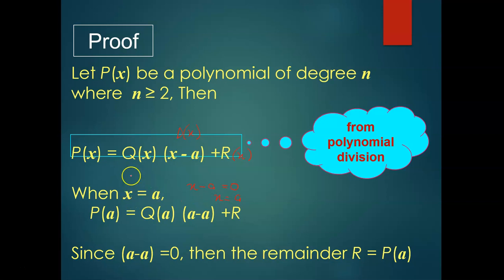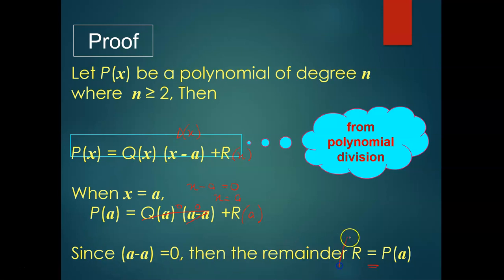When you substitute x equals a, it becomes (a minus a) q(a) plus r(a). This will become 0, so 0 multiplied with q(a), everything will be 0, and you are left with only r equals p(a). So this is the conclusion. Since a minus a equals 0, the remainder is r equals p(a).